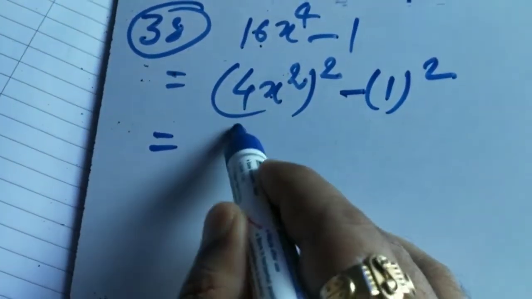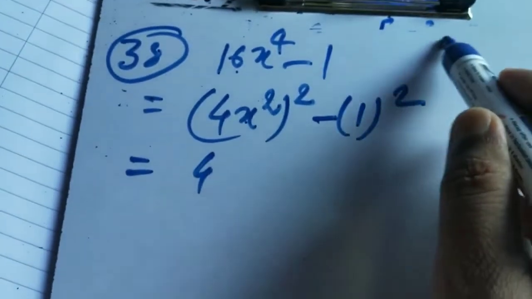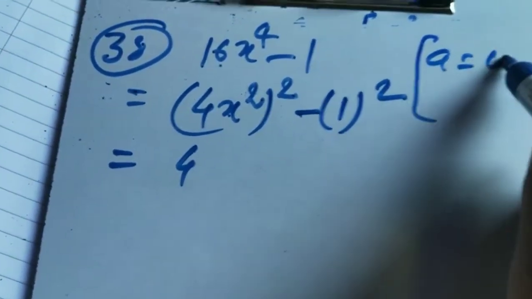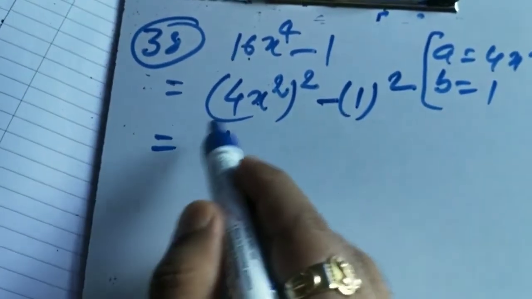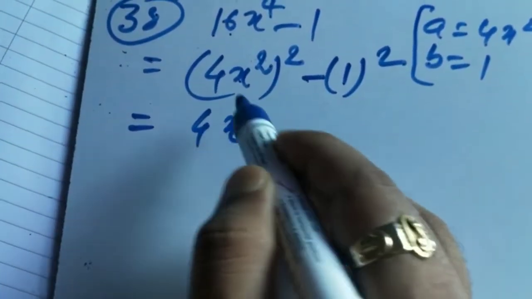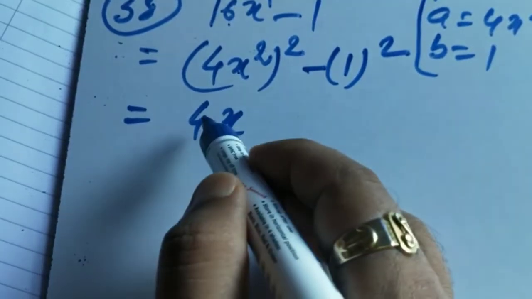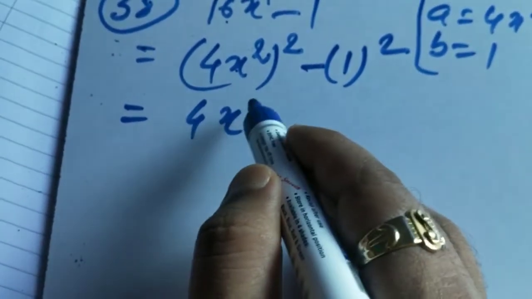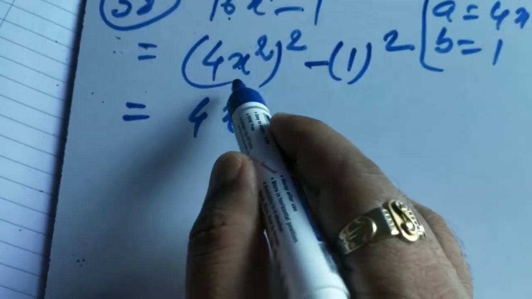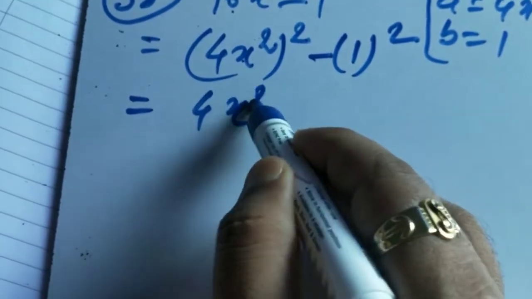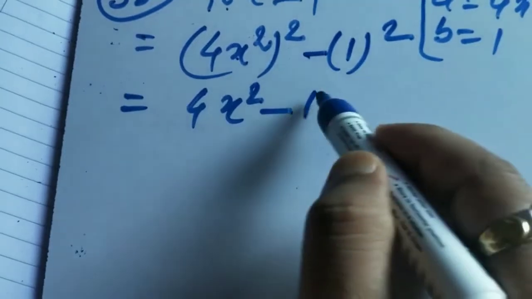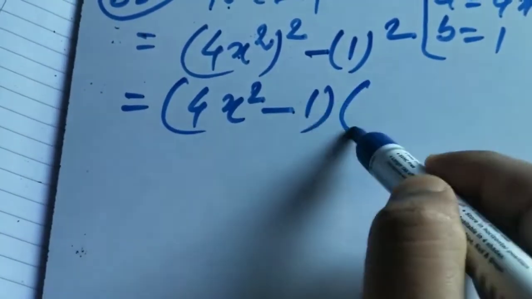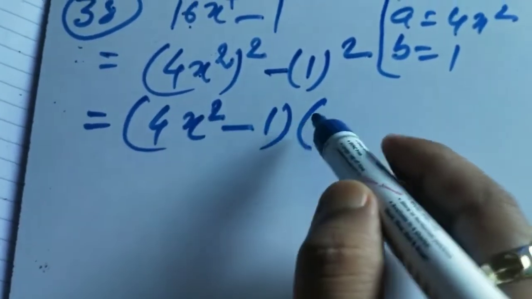Now here your a is 4x square and b is 1. So its value will be a square minus b square is equal to a minus b into a plus b. So at the place of a you have to write 4x square minus b, at the place of b you have to write 1, and then multiplied by a plus b.